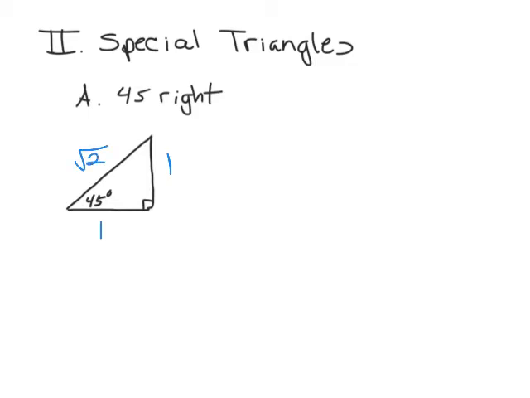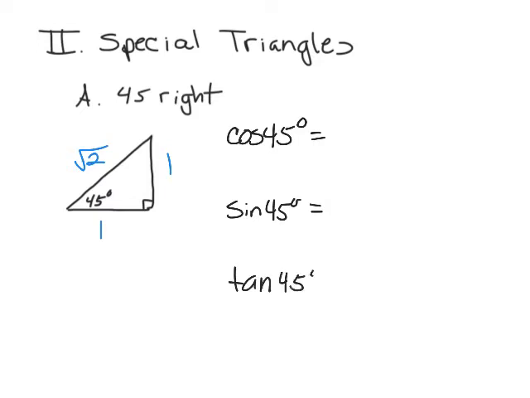So it's a 1, 1, radical 2, which means for 45 degrees, if I use that triangle, I can find the exact value of the cosine of 45 degrees, and the sine of 45 degrees, and the tangent of 45 degrees. I can also find the value for the 3 reciprocal functions, but once I find cosine, sine, and tangent, it's pretty elementary to do the reciprocal functions, which we are going to do in a big table when we get to class. So let's just start with the basics here.